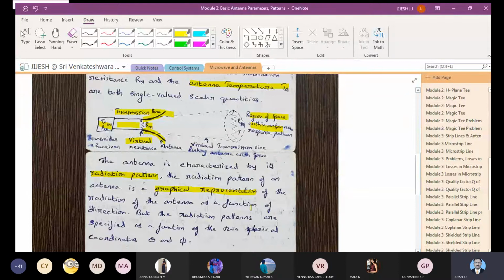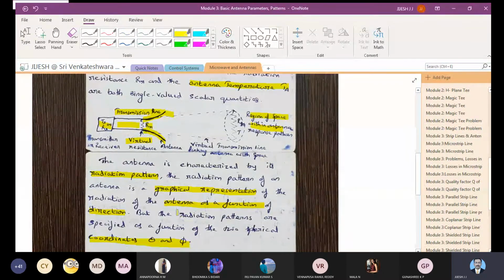The radiation pattern of an antenna is a graphical representation of the radiation of an antenna as a function of direction. Specifically, radiation patterns are a function of two spherical coordinates, theta and phi. So this is just an introduction.